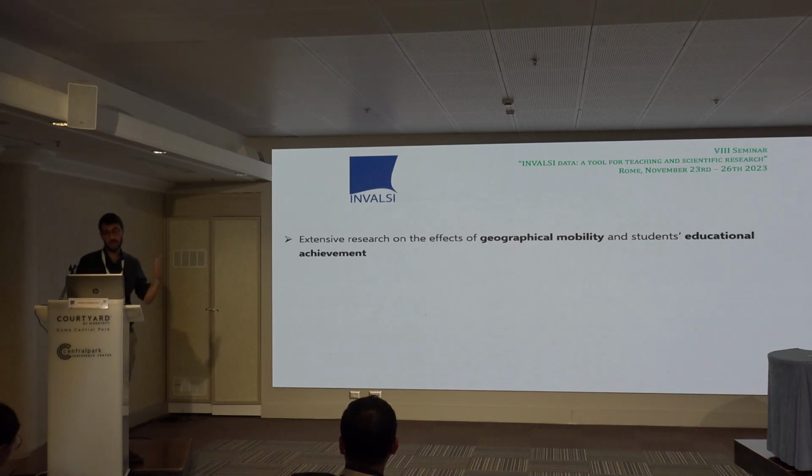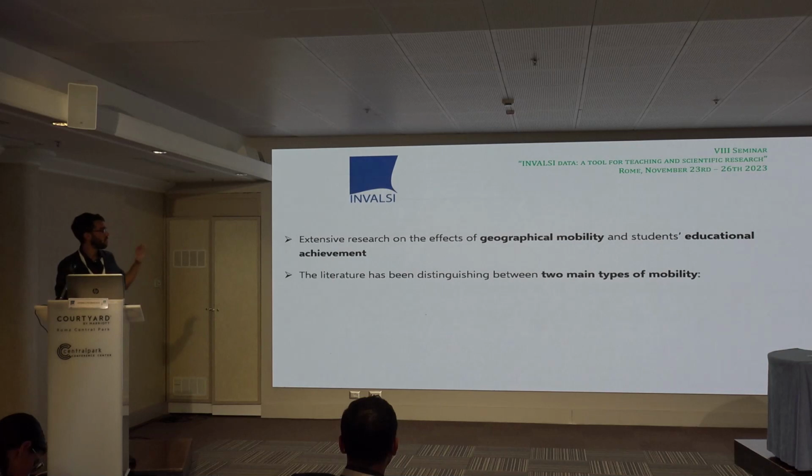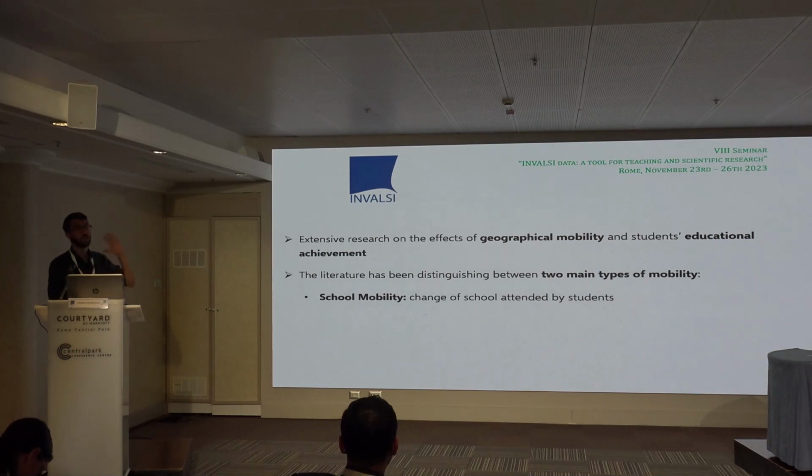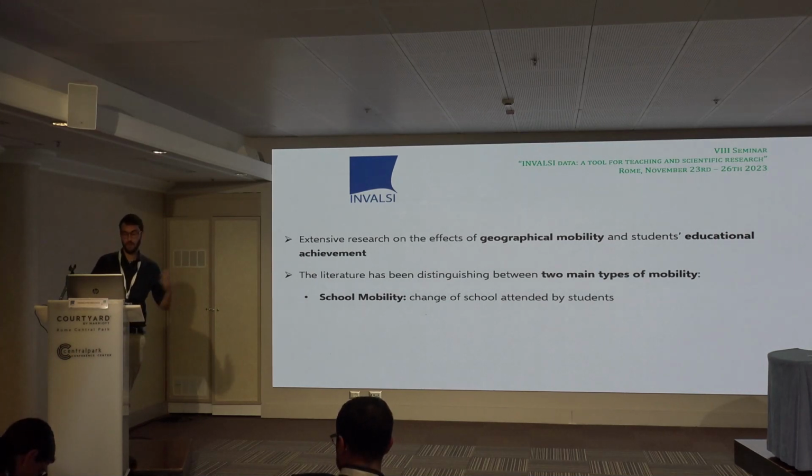There is extensive research on the effect of geographical mobility of students on their achievements in education. In particular, two main kinds of mobility have been framed in this literature. First is school mobility, by which we mean whether students change the school they're attending.